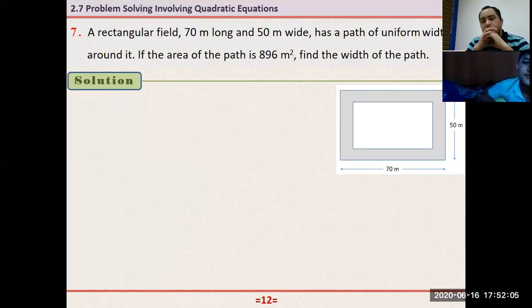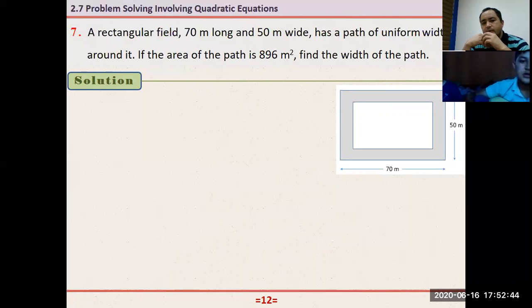Rectangular field 70 meters long and 50 meters wide has a path of uniform width around it.